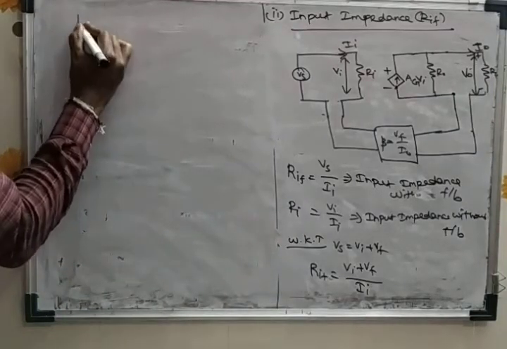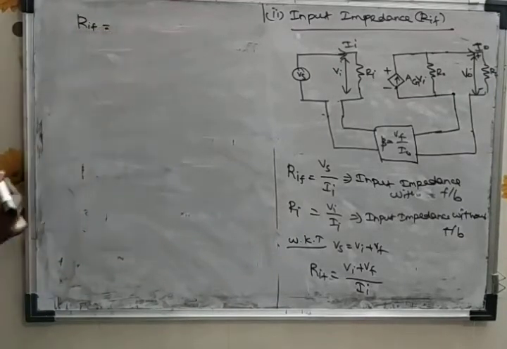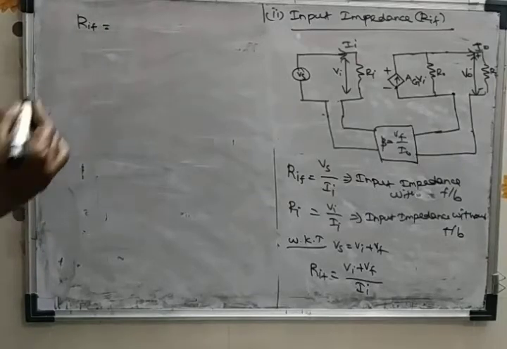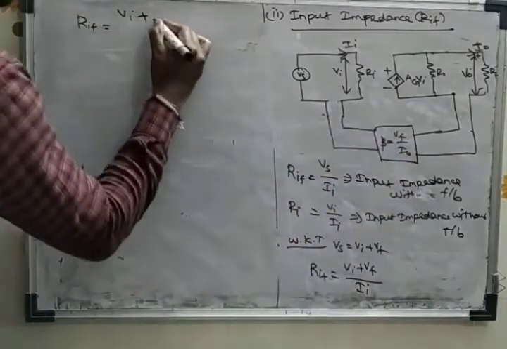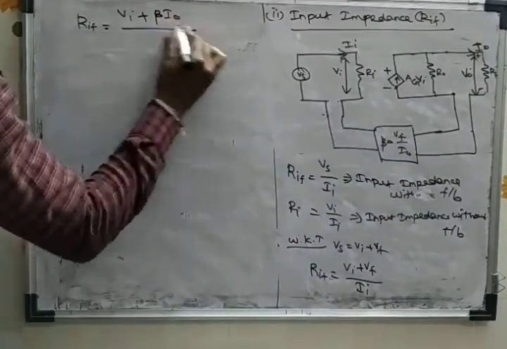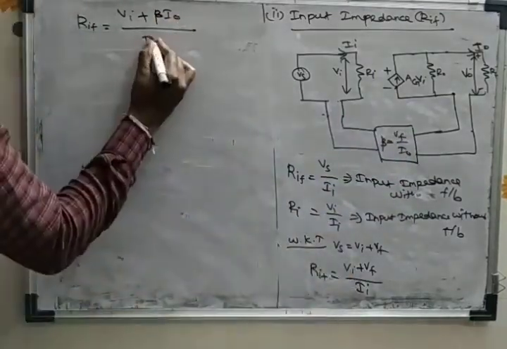So RIF, Vi plus Vf can be replaced by beta I naught divided by Ia.